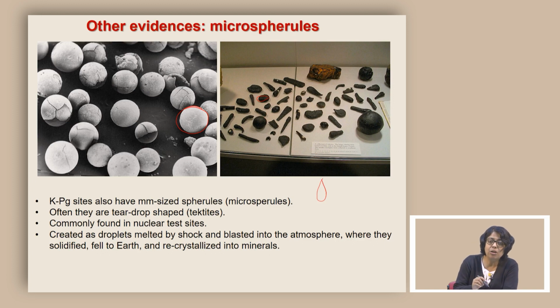Interestingly, many of these KPG sites contain a large number of these microspherules. Often they are also tektite shaped. So, this supports the idea of an impact and a shock. This is not just one evidence.